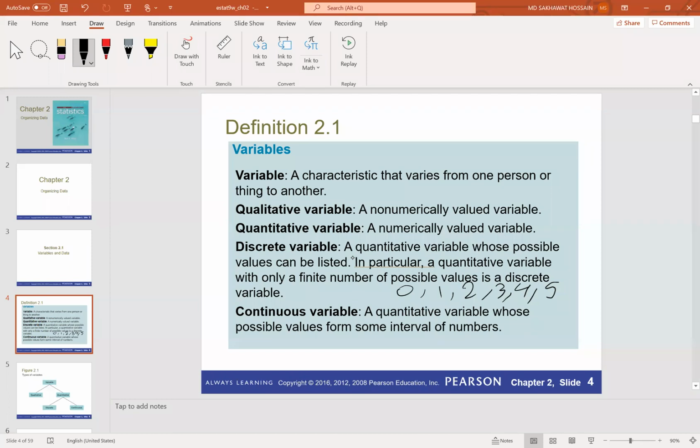It could be 150 pounds, it could be 130, 130.1, 130.3, or 133.5. It has so many possible values and can take fractional numbers, so we cannot list them all. This type of variable is called a continuous variable.